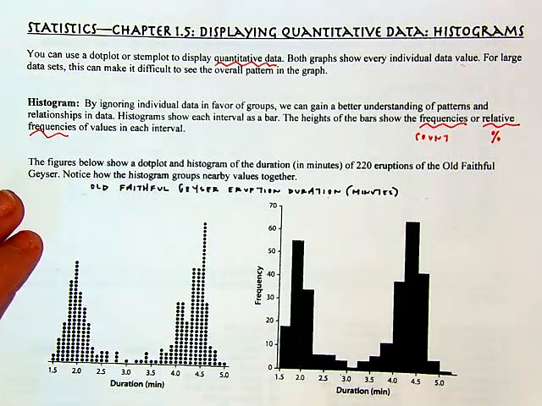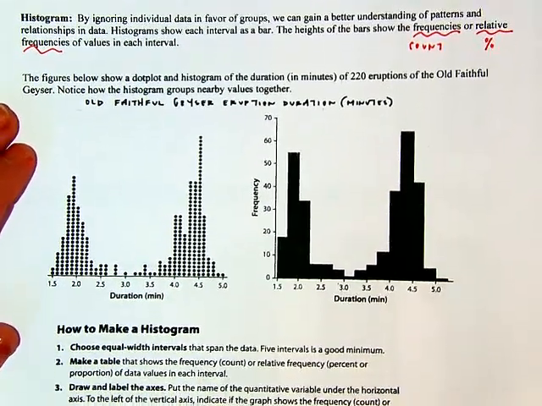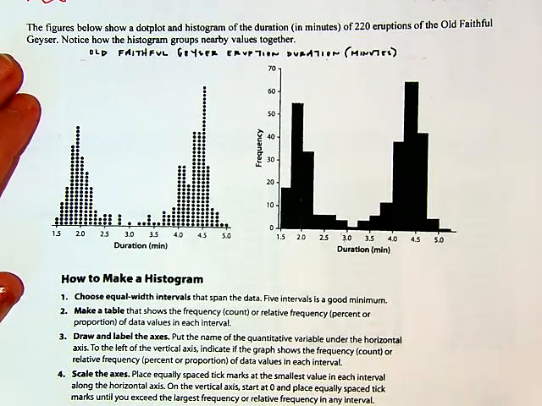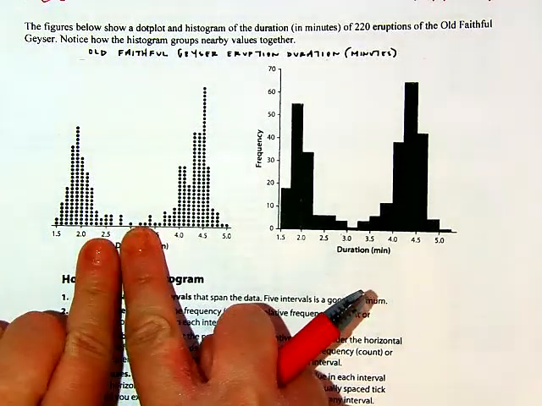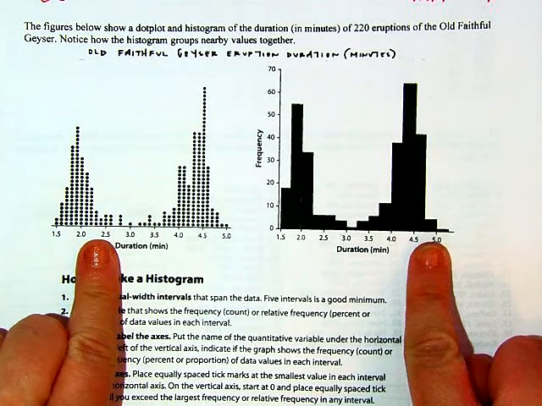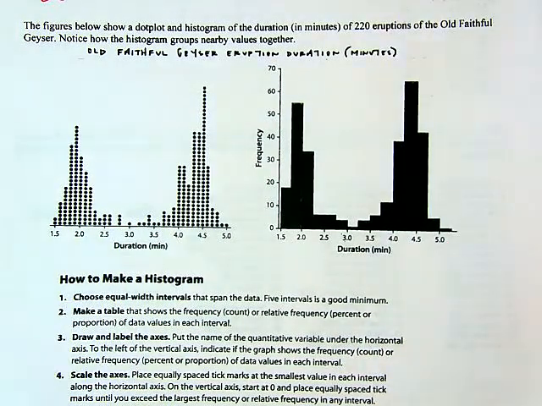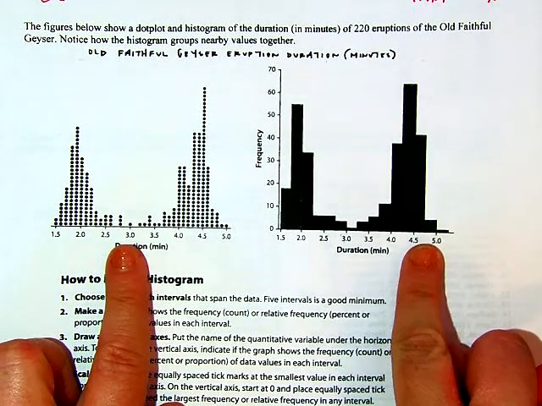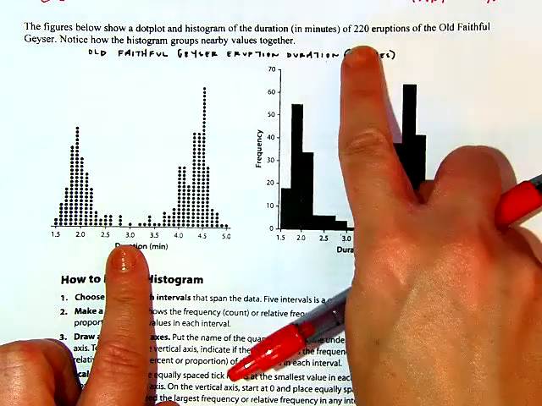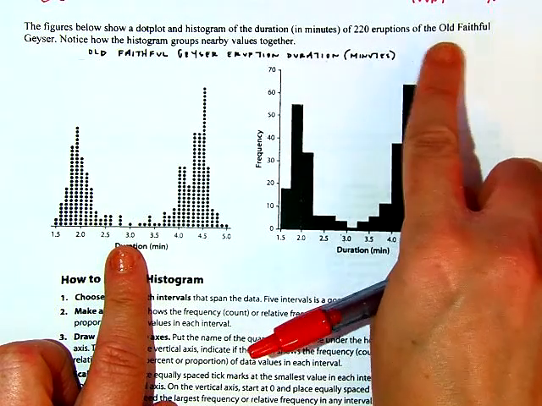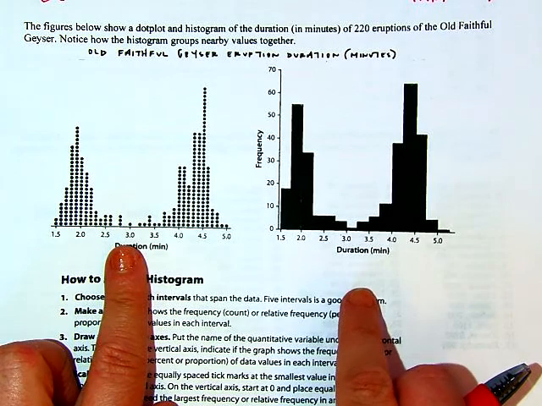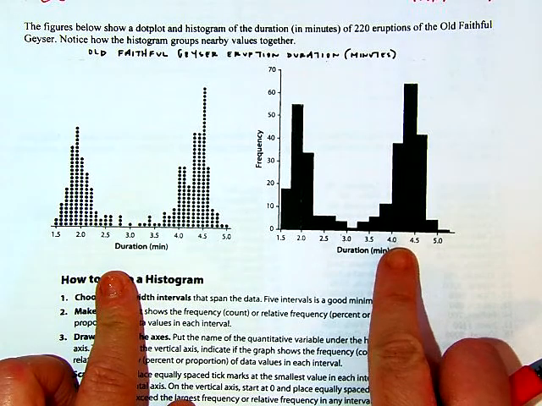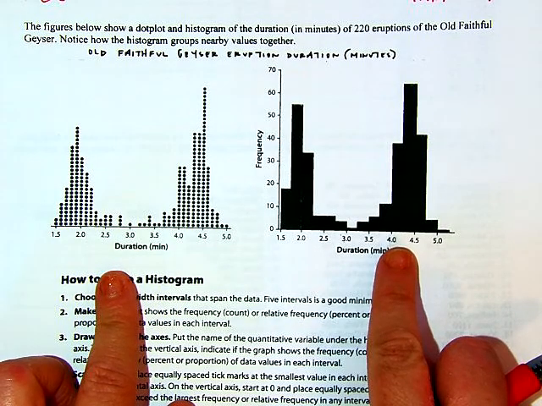Here's an example. I'm really trying to show you a side-by-side comparison of a dot plot and now a histogram. The figures show a dot plot and histogram of the duration in minutes of 220 eruptions of the Old Faithful geyser. Notice how the histogram groups nearby values together.